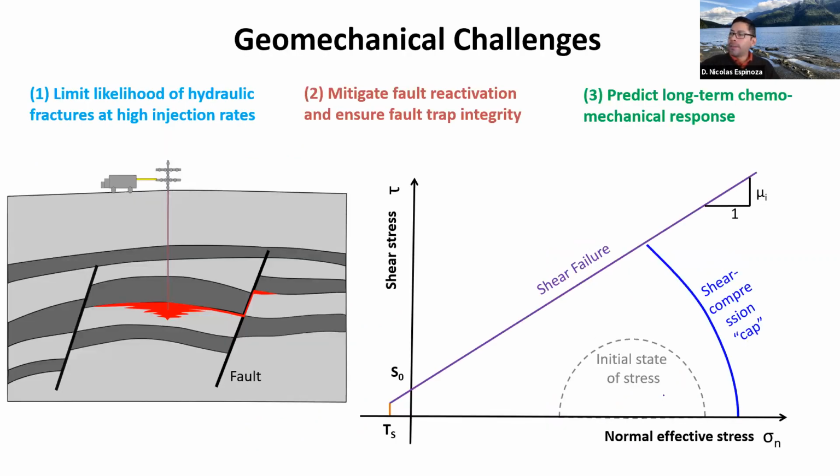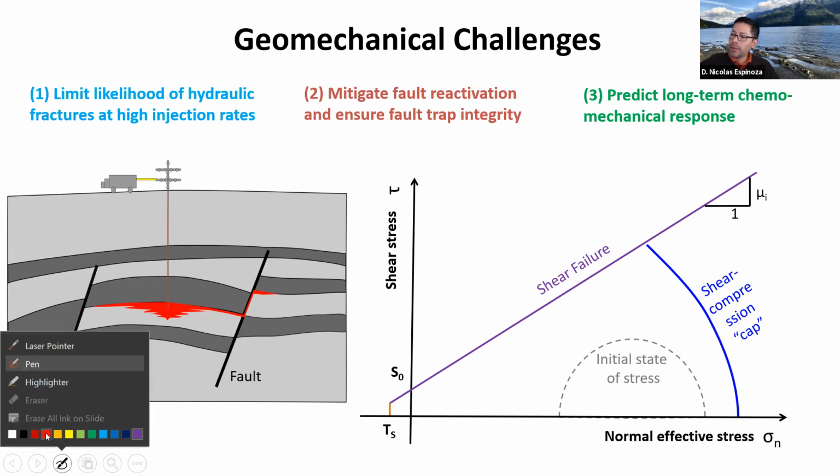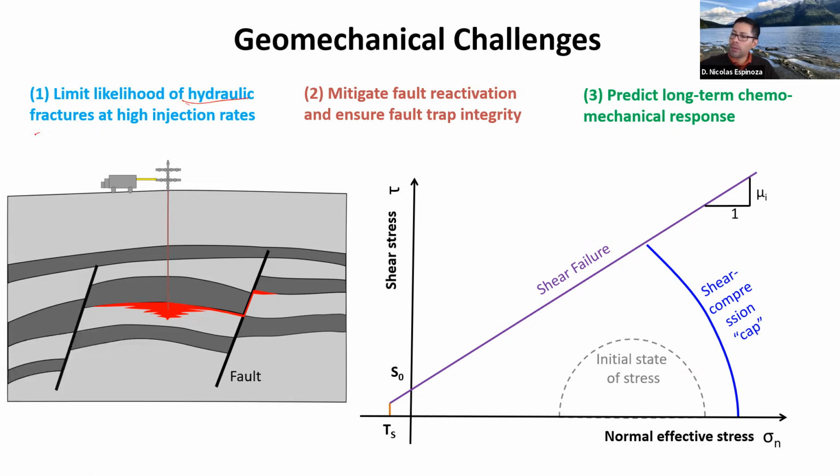First, how do we avoid hydraulic fracturing at the wellbore? Well, if this is the initial state of stress here in the reservoir, originally the rock is going to be in equilibrium. It's going to be happy over there, no problems. It's in equilibrium with the surrounding fluid.